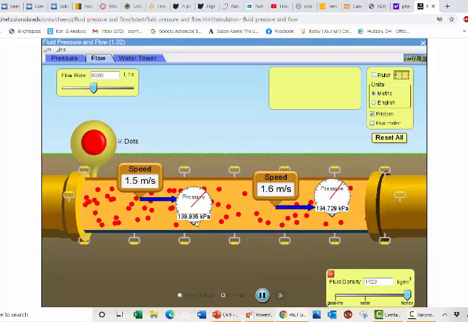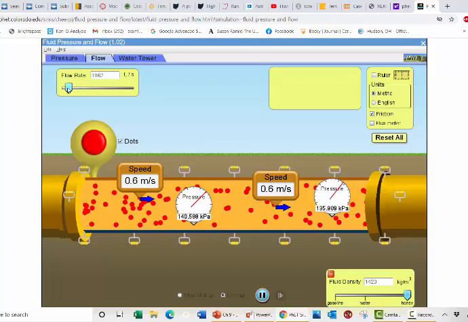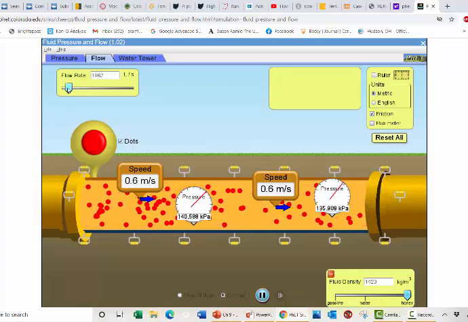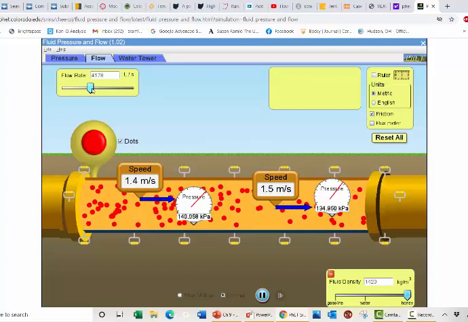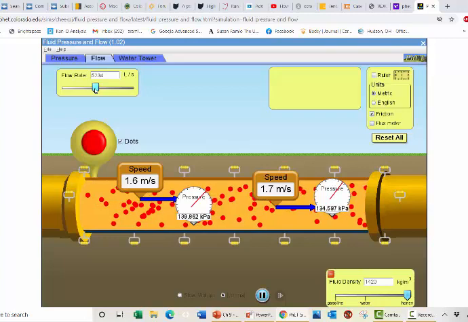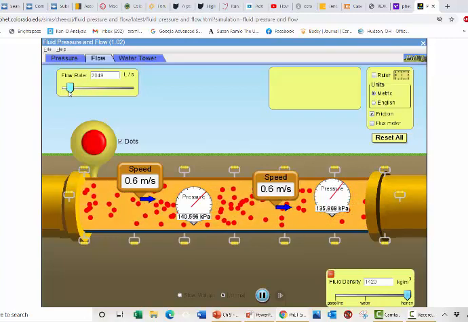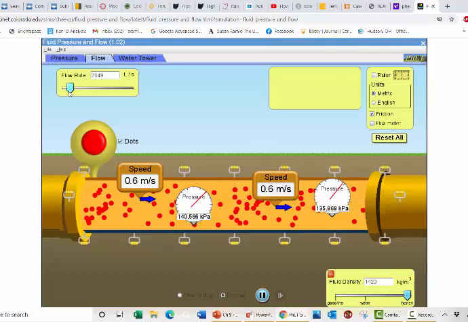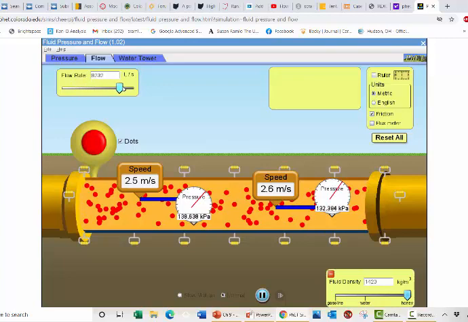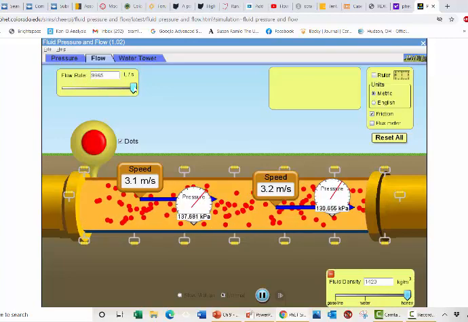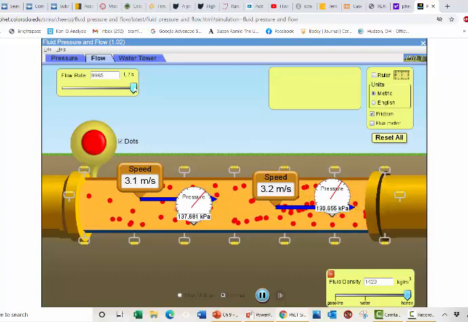So we can see this relationship. If I change my flow rate so that it's slower, I can see how my pressure changes. And isn't it interesting that as I make my flow rate smaller, my pressure actually goes up. Make my flow rate larger, and my pressure goes down. But my speed is faster.